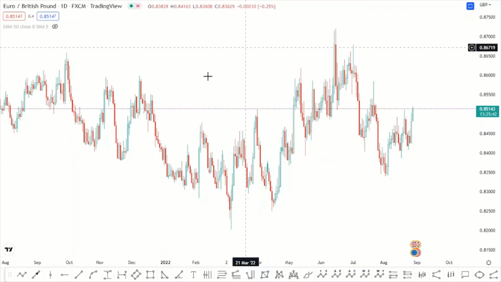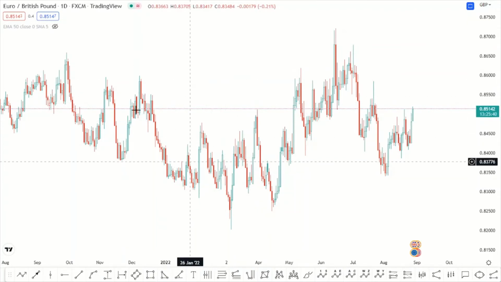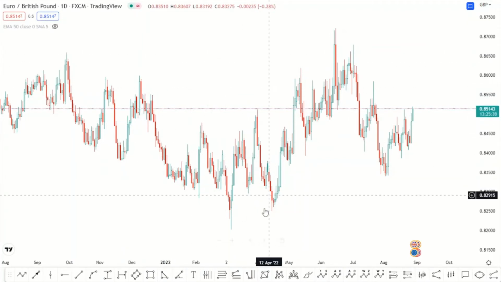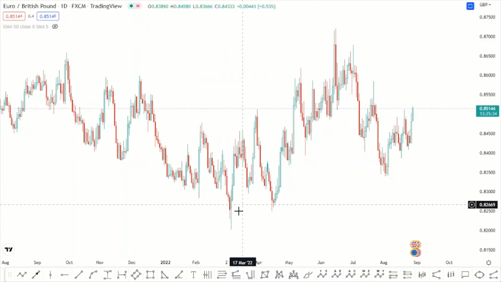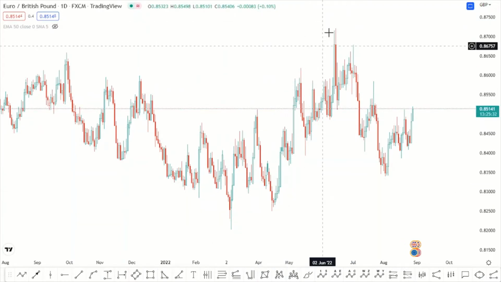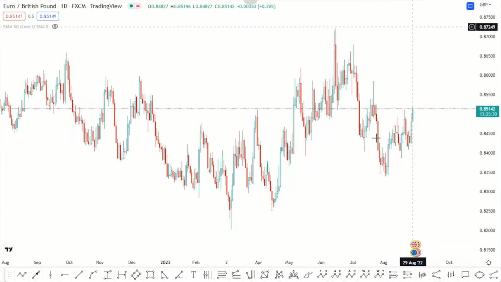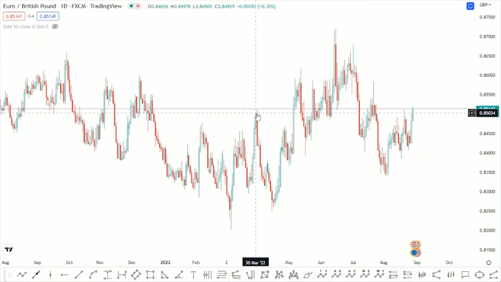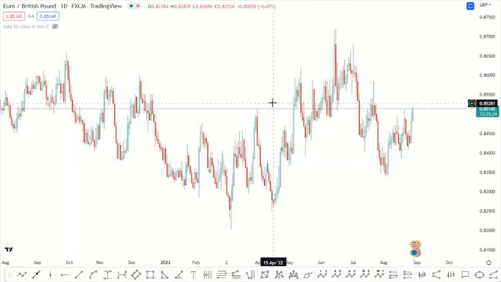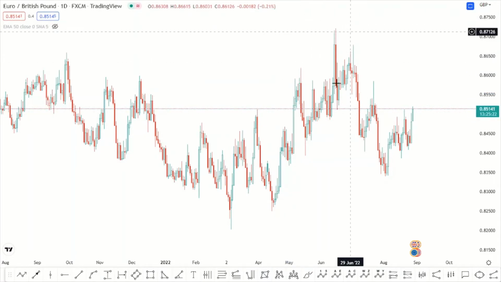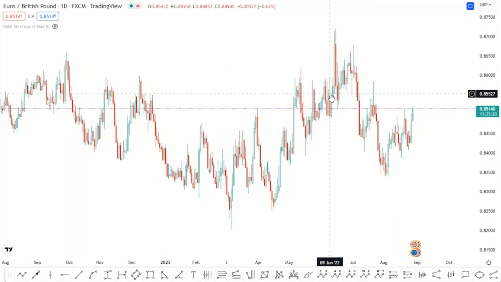In this case, first of all, let's say you wanted this bullish trend, right? Because we can see that it's an impulse, a correction, an impulse, a correction, and then it's going higher and higher and higher, making higher highs, higher highs, higher highs. This is a successful bullish trend, right?